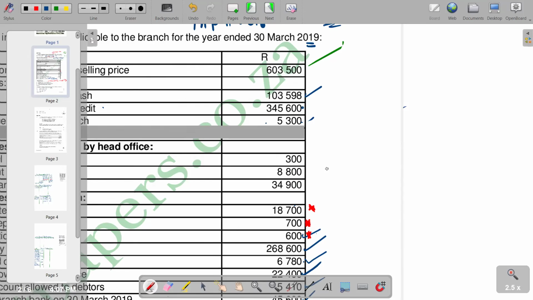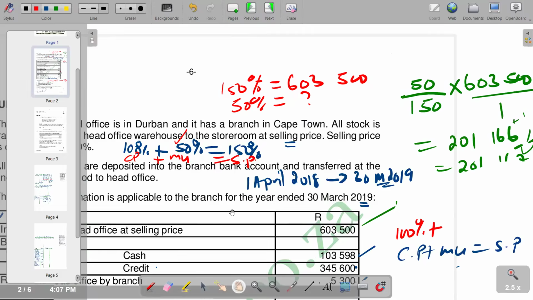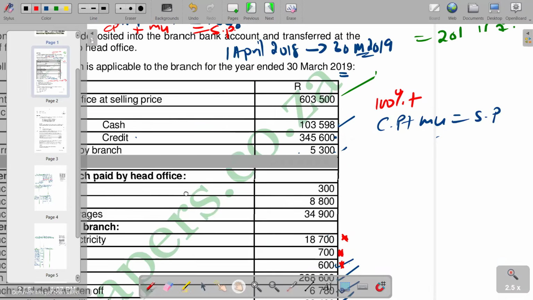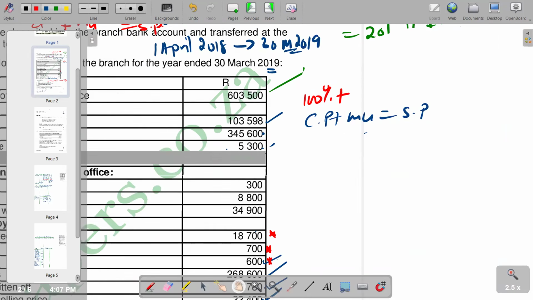Remember, we said cost price plus markup equals our selling price. In terms of percentages, we've got cost price 100% plus our markup, which we have in the question as 50%, to get 150%. So in that case, this is returns at selling price, and we want the markup value.